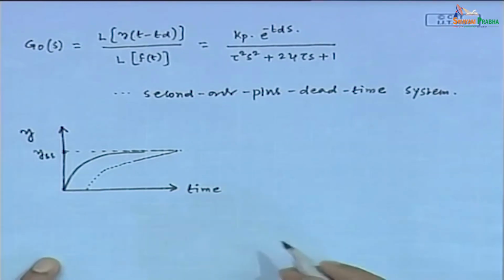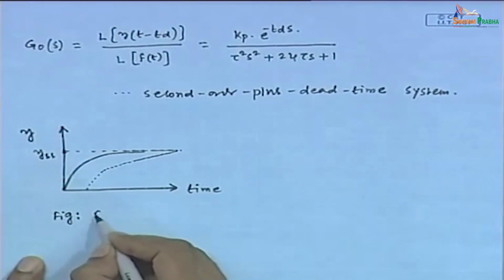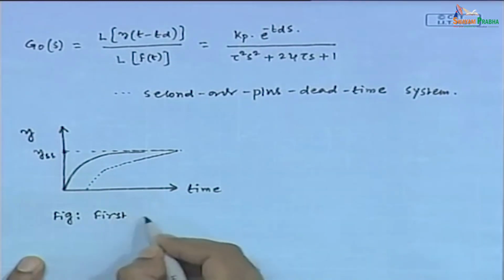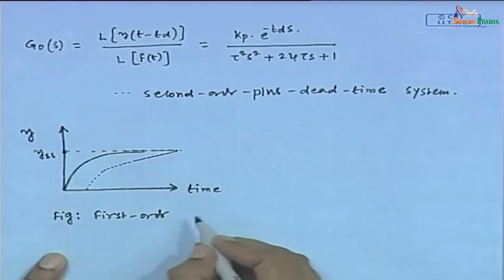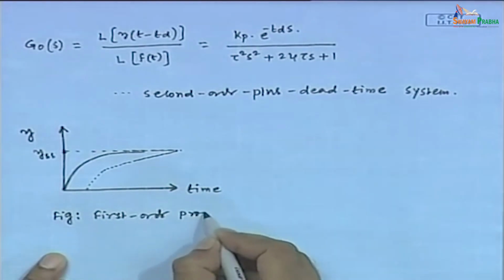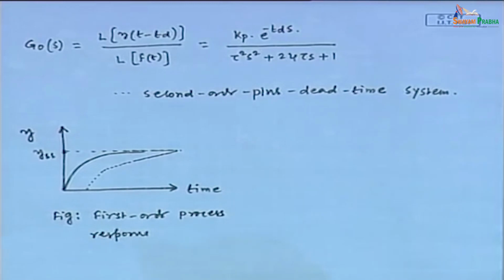So, this is the first order process response with introducing a step change in input variable.